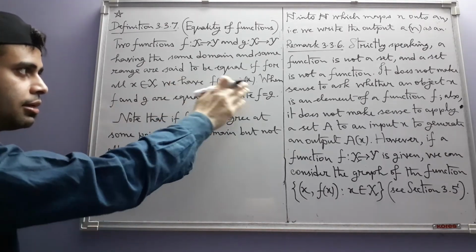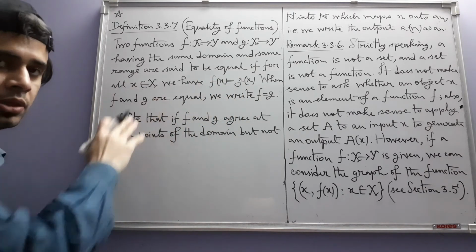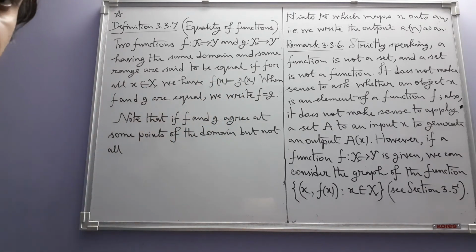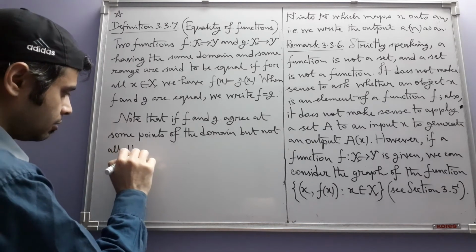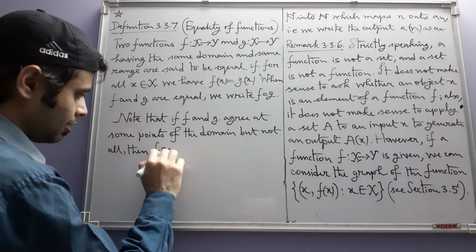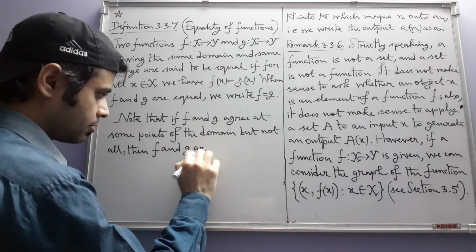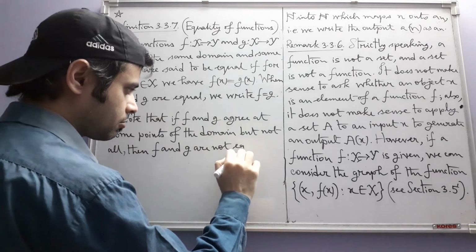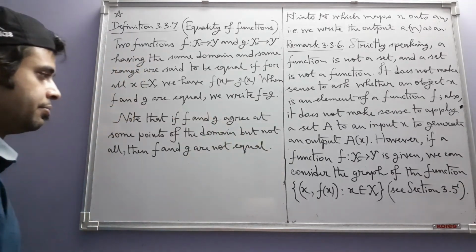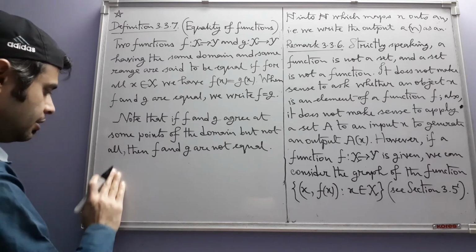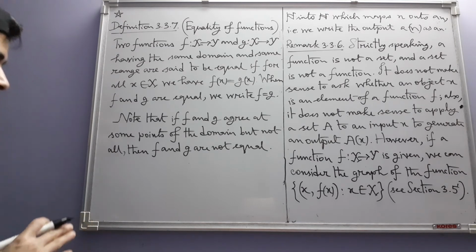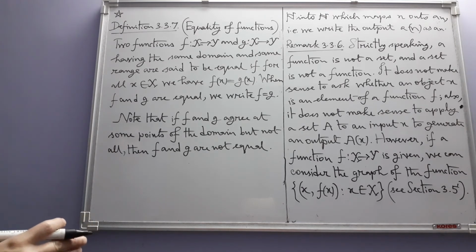If f(x) is equal to g(x) for some x in the domain, but not for some other x, then we don't say that the functions are equal. Then f and g are not equal. However, there is a weaker notion of equality where this is permitted. And that we will see in chapter 19, which involves limit integration.